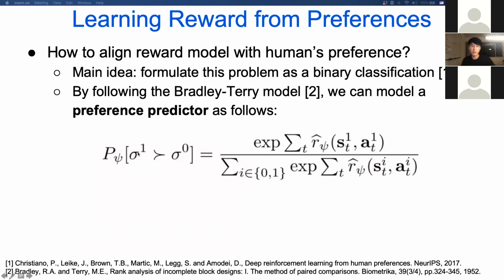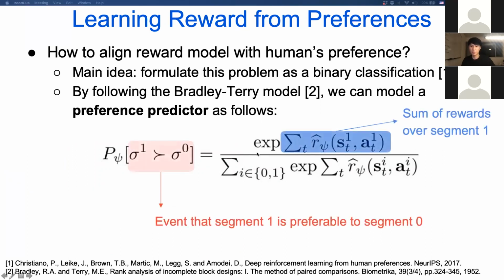So specifically, we first define a preference predictor as shown in this equation by following the Bradley-Terry model. This model assumes that the probability of preferring a segment is proportional to the exponential sum of the reward over the segment. So for example, the event that the human prefers segment 1 is proportional to the sum of the reward over segment 1.